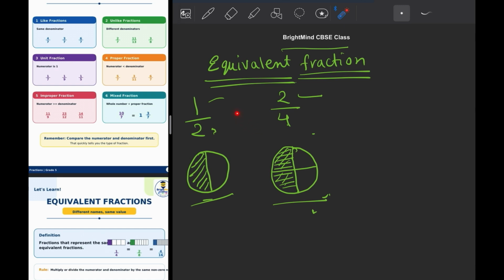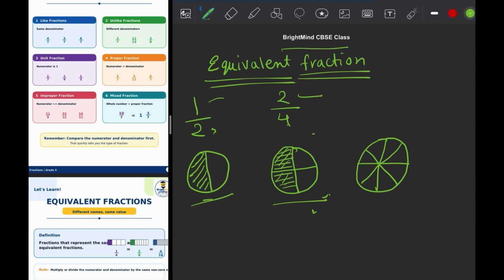Let me draw one more pie, and I will divide it into 8 pieces: 1, 2, 3, 4, 5, 6, 7, 8. Here these are the 8 pieces of the pie.